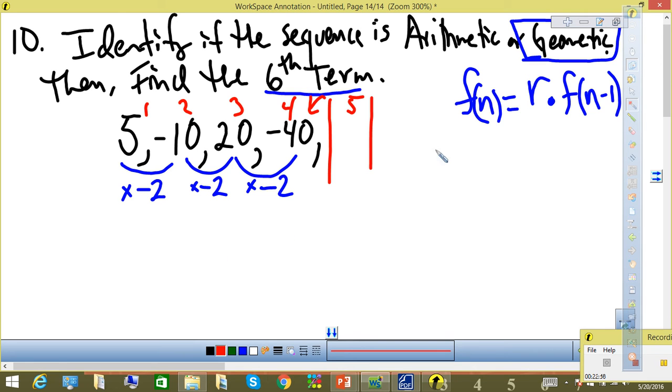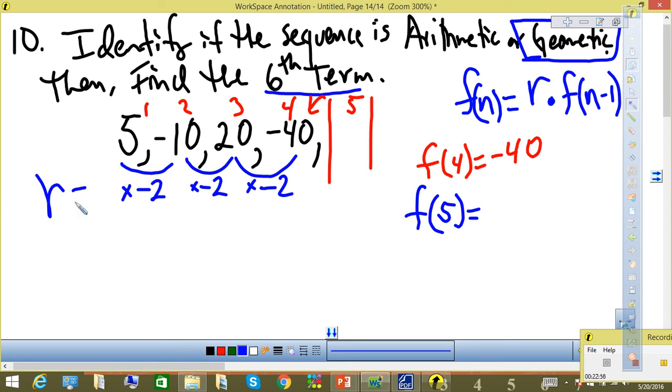So then we go f of 4 equals negative 40. So then we write our formula, f of, and instead of n, now it's going to be which term? 5 equals r. What is r? So our r is negative 2. Negative 2 times f of 5 minus 1.